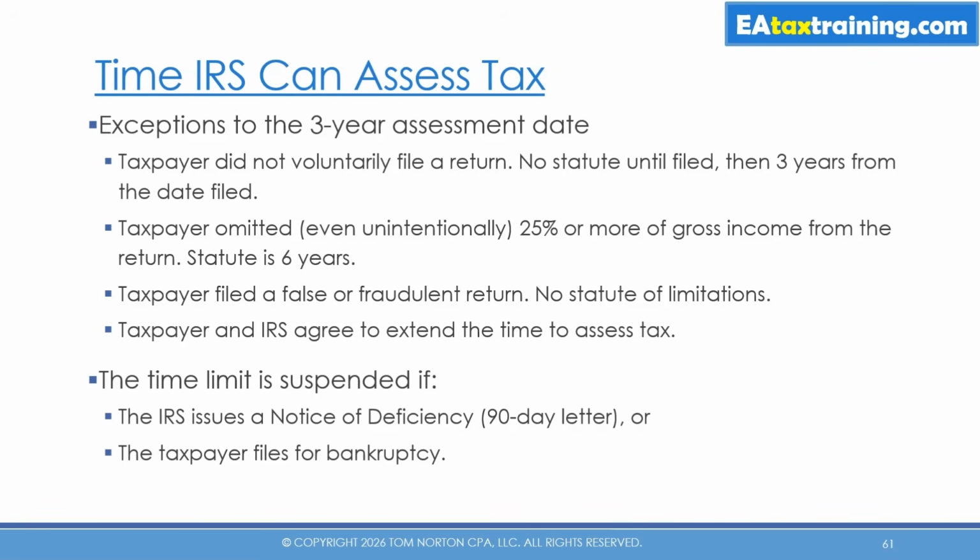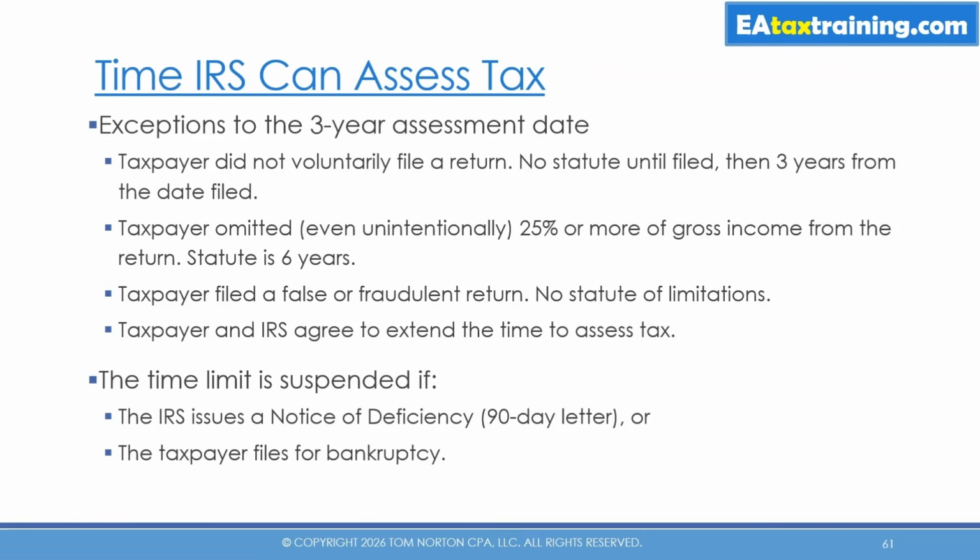But if they do it at 2.5 years and now the clock stops, let's say a whole year later, they rescind that notice of deficiency. So it's been 3.5 years since that return was filed. Well, they've still got 6 months because that time period, the 3 years, was suspended. So now they've got 6 more months to do a new assessment. So that's how that would work.